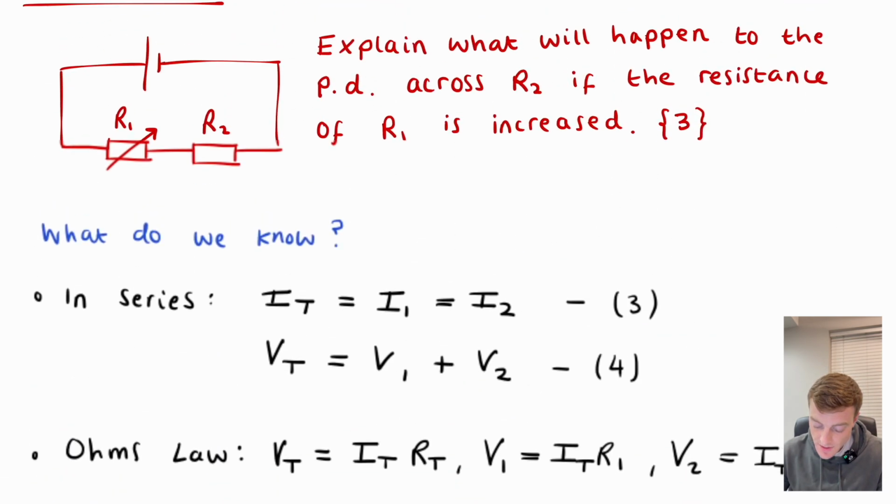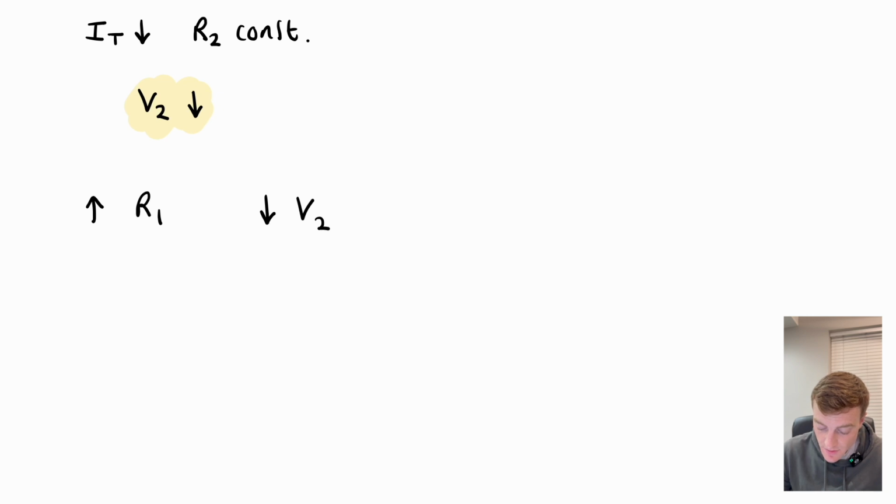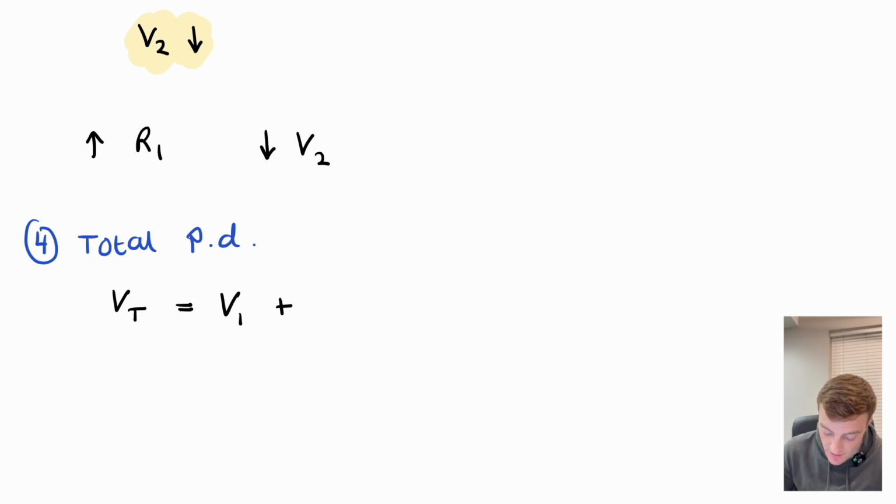So let's look back at the question. We found that if you increase the resistance of R1, then the potential difference across R2 will decrease. Now, the next part of my recipe is we want to look at the total potential difference. In series, total PD is potential difference across component 1 plus potential difference across component 2.